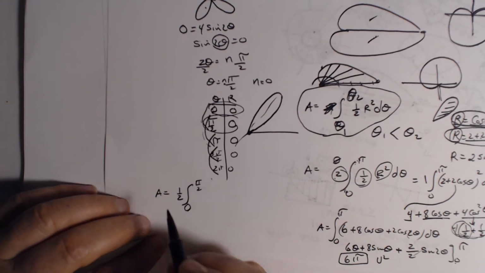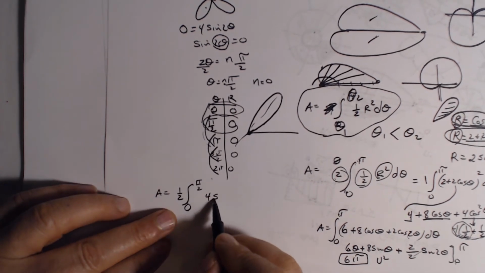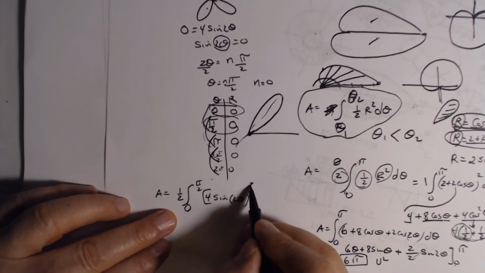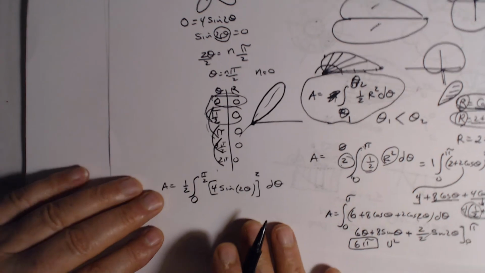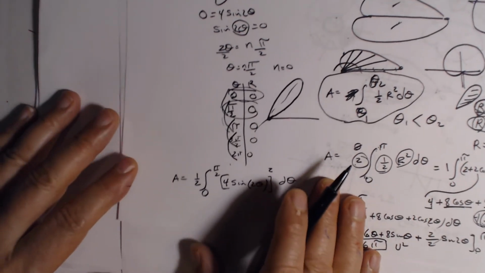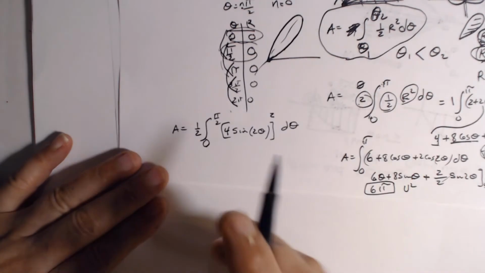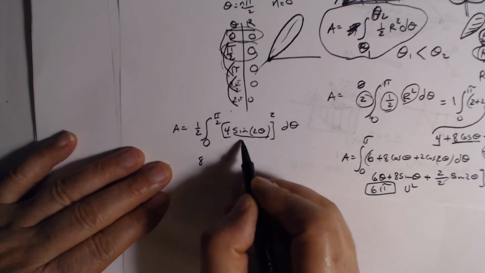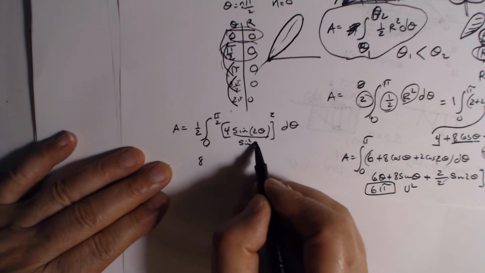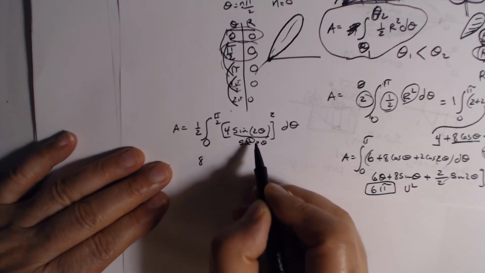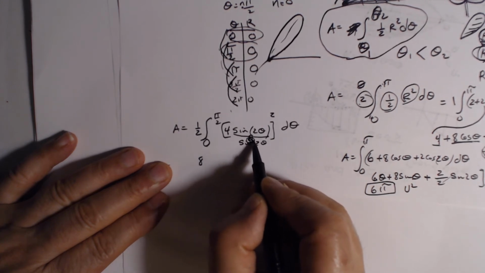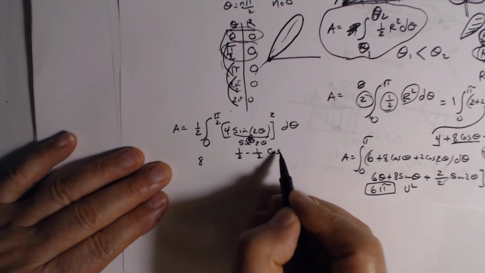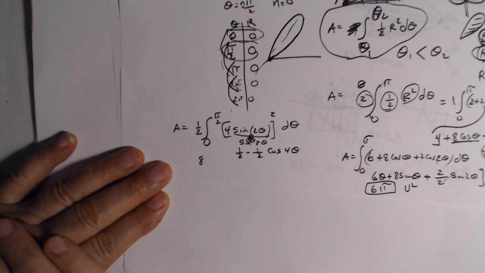1/2 r squared, the r makes all the function different, d theta. What is 4 squared? 16. What is 16 times 1/2? 8. What is left is sine squared of 2 theta. But you cannot integrate sine squared. You have to do power reduction, and that makes it cosine of 4 theta.